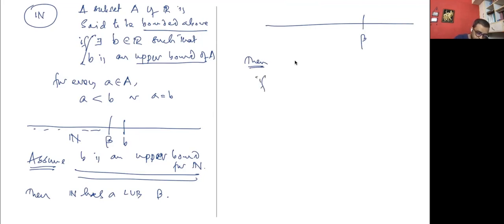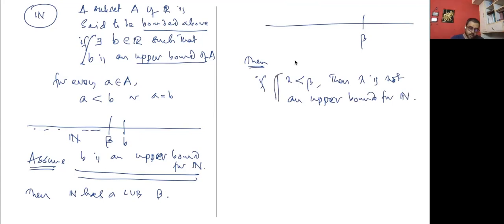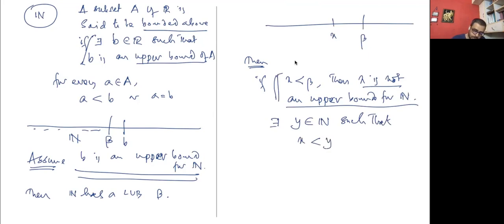If x is less than beta, then x is not an upper bound for N. Another way of saying that would be that there exists an element y from the set such that x is less than y, right?